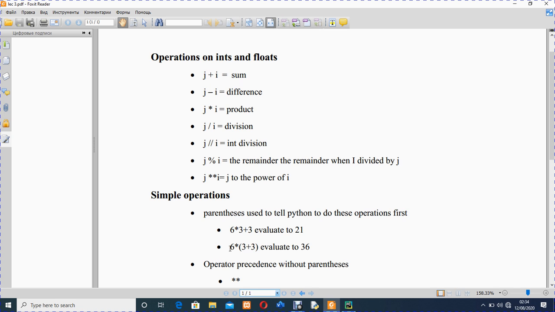The second one, 6 multiplied by parenthesis 3 plus 3 close parenthesis, evaluates to 36. This is telling us that parentheses are used to tell Python to do this operation first. We operate the parenthesis first, then we multiply by 6. That's how it is.